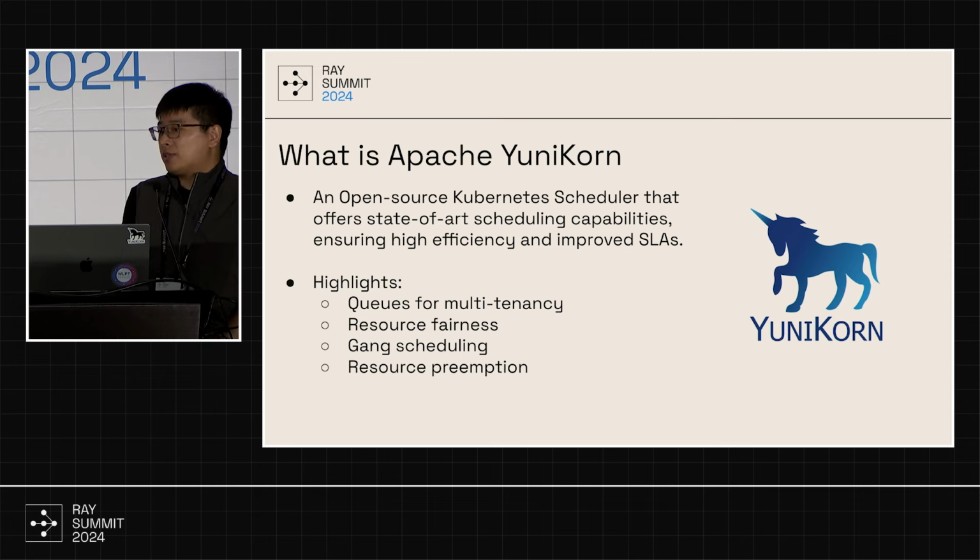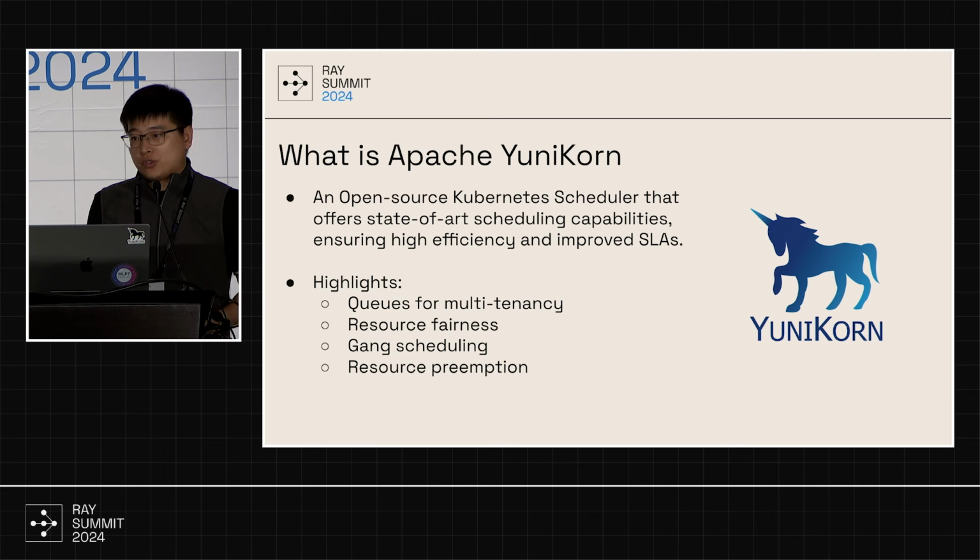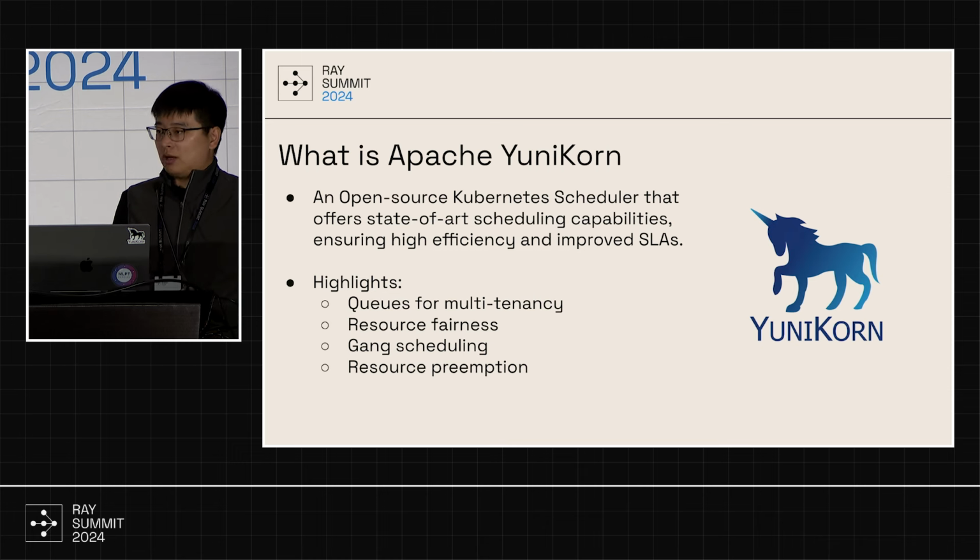Some highlights of the features YuniKorn provides are resource queues, which are essential for multi-tenancy, resource fairness between different queues, gang scheduling, which is very important for machine learning workloads, and also pretty sophisticated resource preemption. I will explain more in a later section, and we use that a lot.